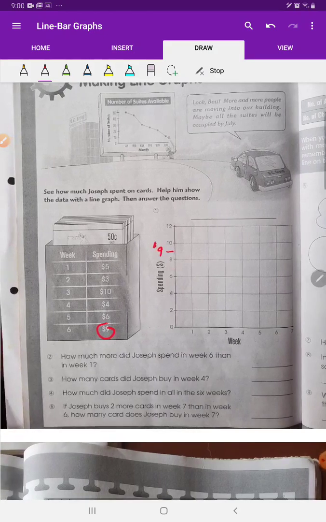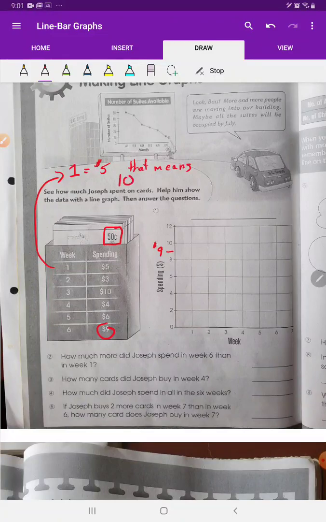Okay? Now, these ones can be a little tricky because there's a lot of stuff to pay attention to. They are 50 cents each. Okay? So if in week 1, let's just show a scenario. If in week 1, $5 is spent, that means 10 cards are bought. Okay, and I'll show you what I mean.